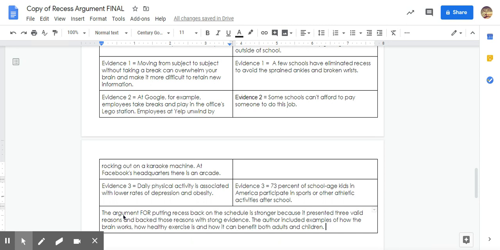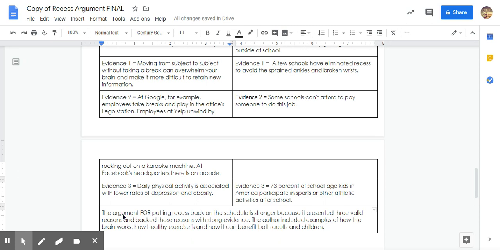Later on, once we get a little bit better at this, I may turn it into an ACE and ask you to throw evidence in there. But for right now, I just want you to look at both sides, pick out the evidence that matches the different reasons, and compare them and figure out which side has the stronger argument.